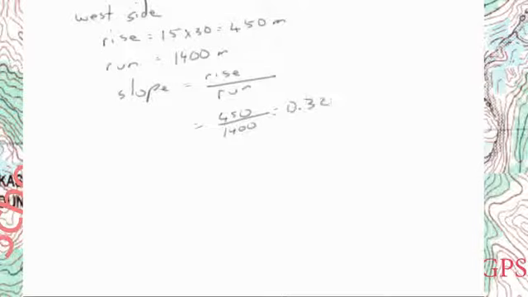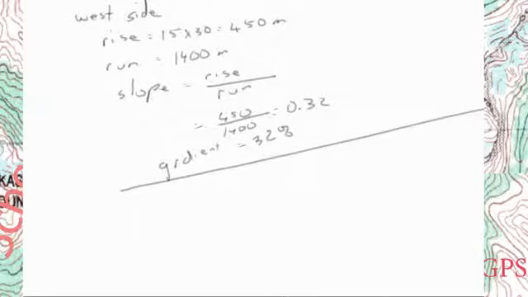No units, because that's just the slope. Now, that's the slope. The gradient is equal to 0.32. Just move the decimal 2 places over, and it's 32%. Geez, I'm wandering all over the page here.